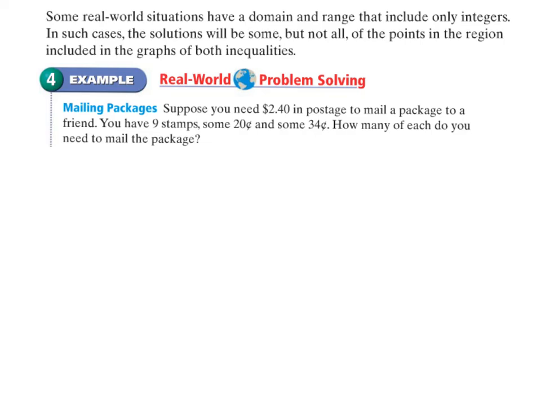Well, the first thing I'm going to do is let X and Y be something. So I'm going to let X be the number of 20-cent stamps, and I'm going to let Y be the number of 34-cent stamps. So my equations, I have 9 stamps total. First equation would be X plus Y is 9. Now, do you have to use all 9?